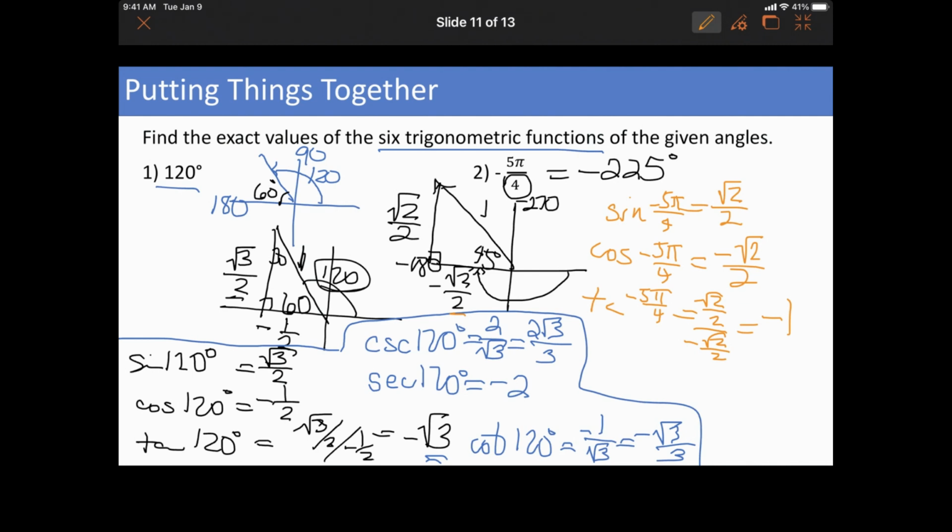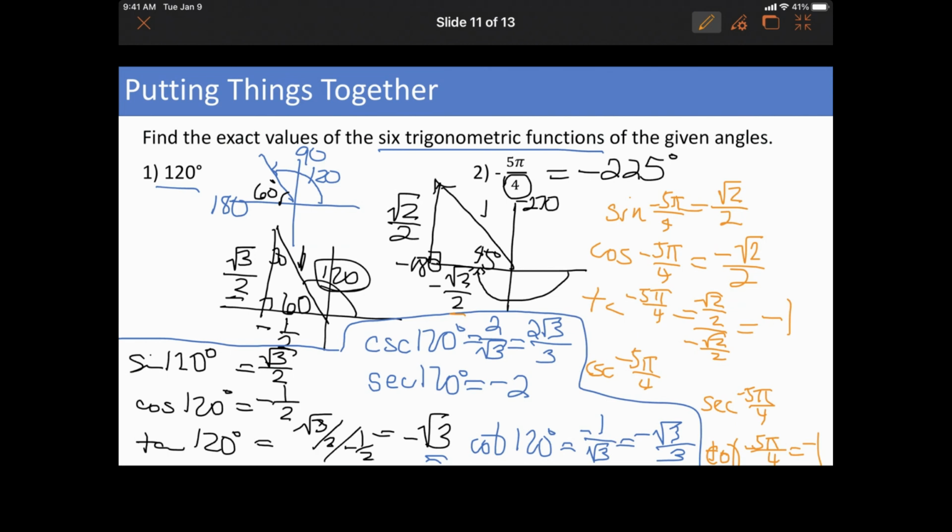All right, getting very squishy. Cosecant of -5π/4, and then secant is over here, -5π/4, and then cotangent of -5π/4. I'm going to do this bottom one because the reciprocal of -1 is just -1.